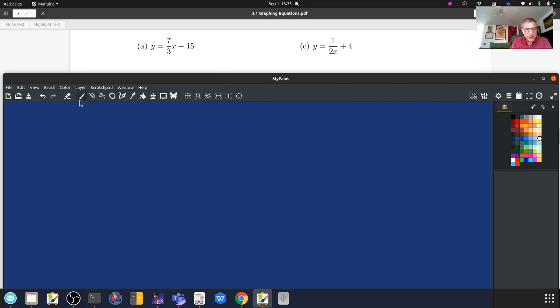So we are given, this is 2a, y is equal to 7/3 x minus 15.